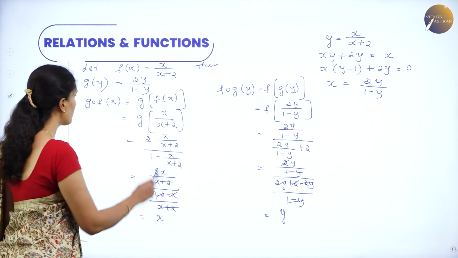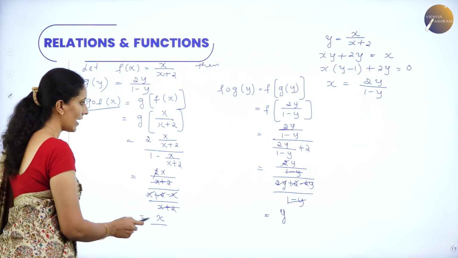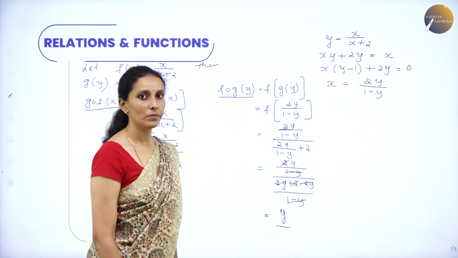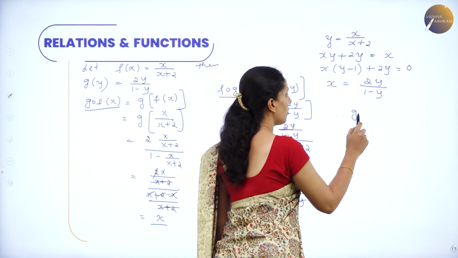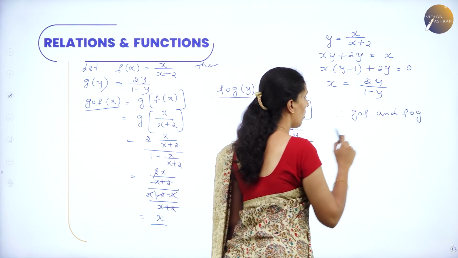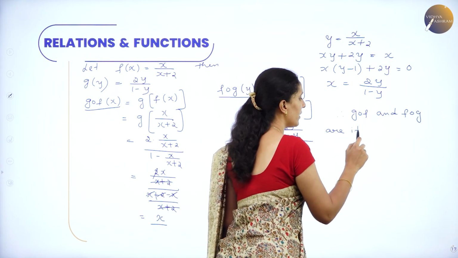So clearly you can observe g naught f of x is x, f naught g of y is y. So what we can conclude? We can say that g naught f and f naught g are identity functions.